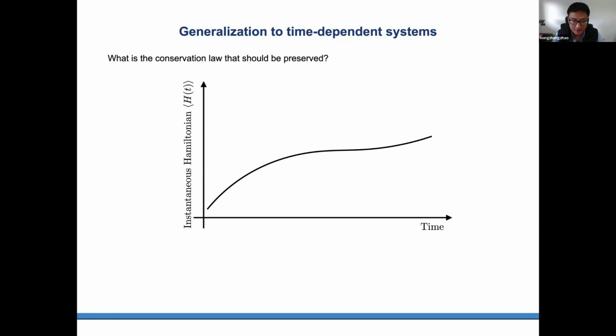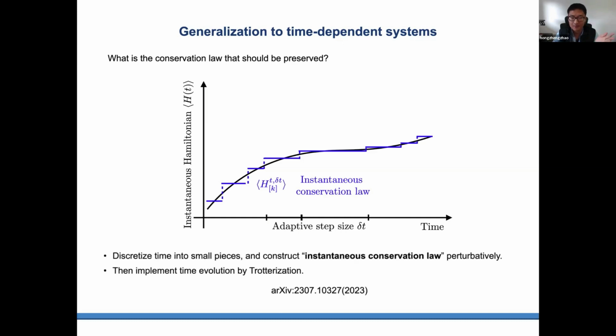So the idea that we provide one solution to this is, again, you can discretize the time into small pieces, and you can construct the so-called instantaneous conservation laws perturbatively based on the Magnus expansion. If the discretization of time is relatively small, this construction is very accurate.